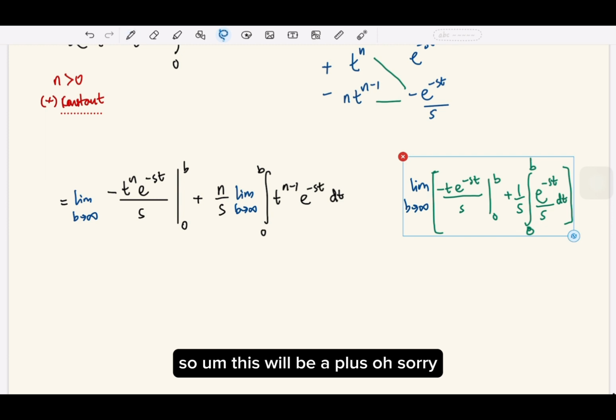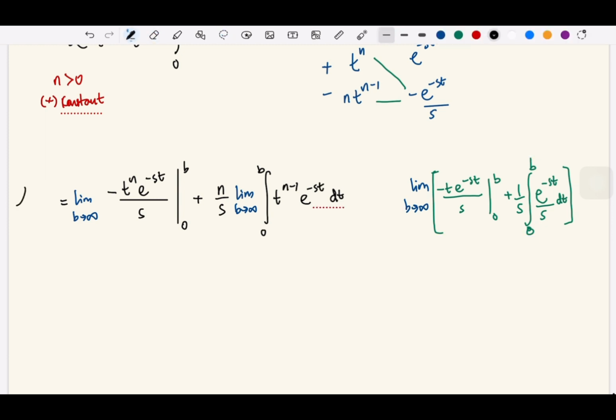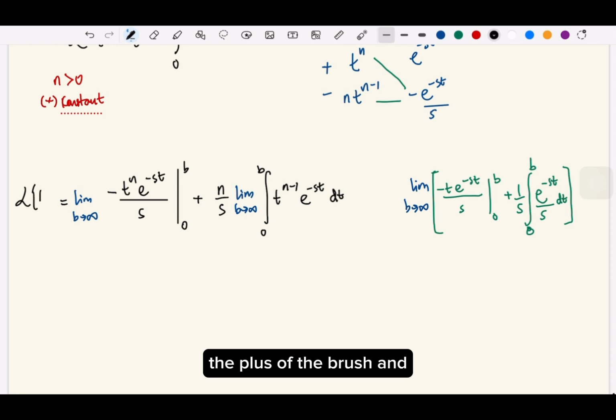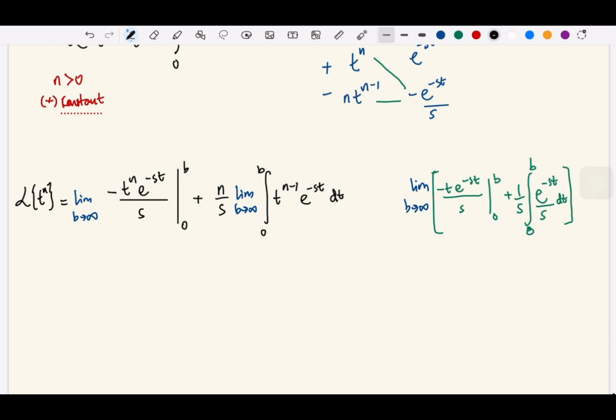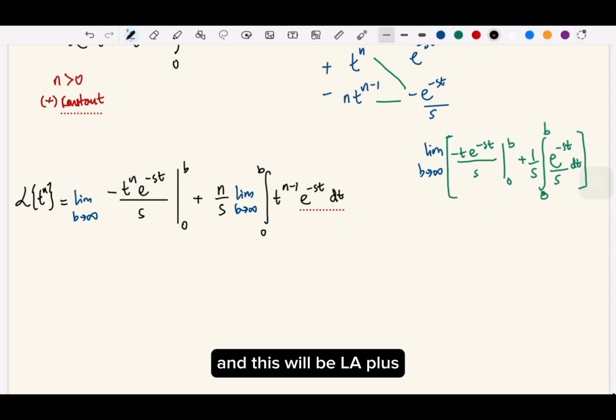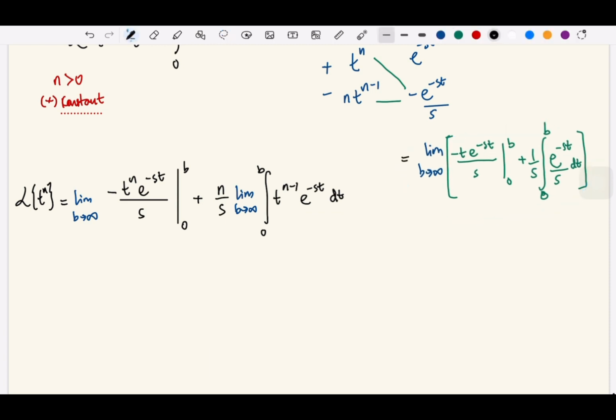So this will be Laplace of t to the power n. And this will be Laplace of t, right?